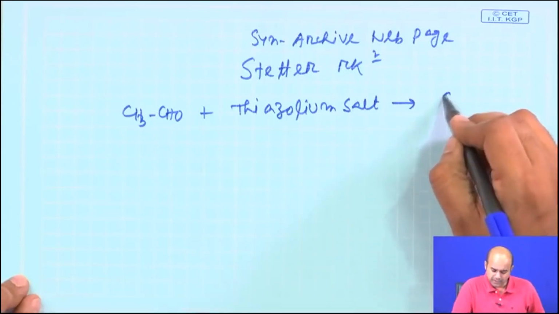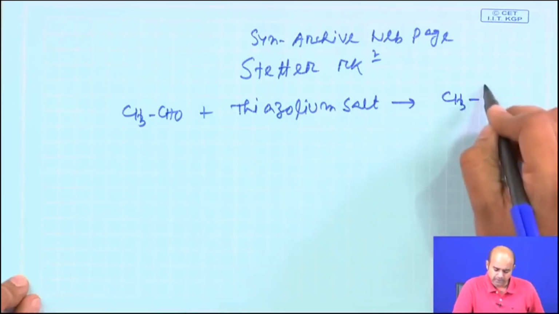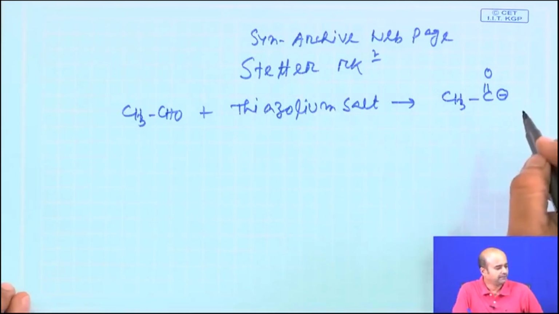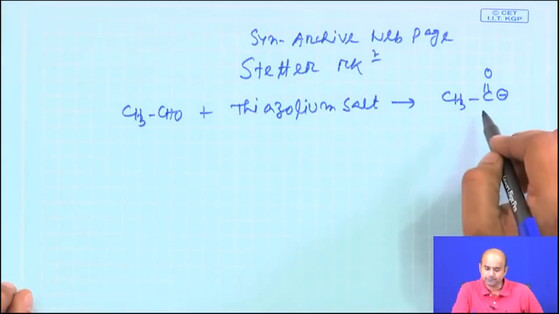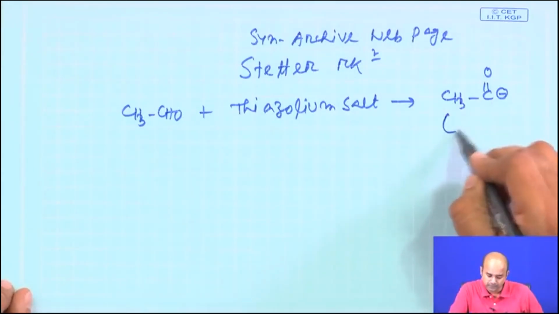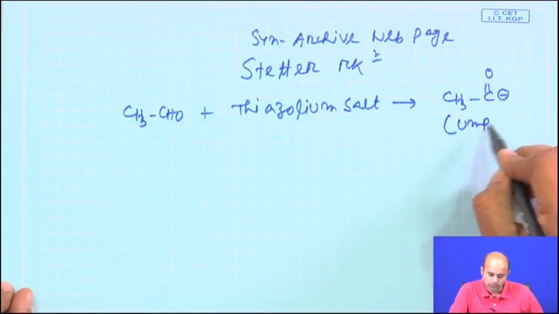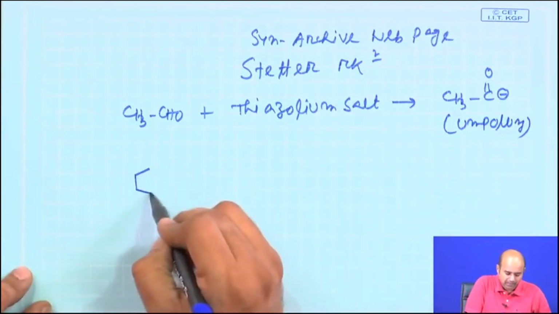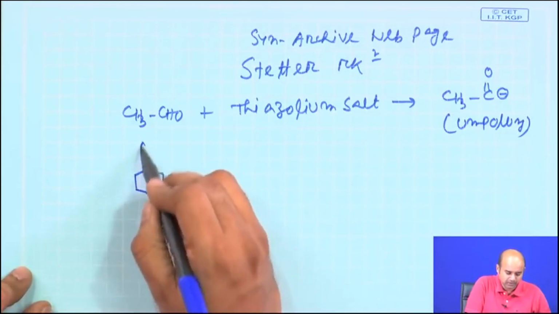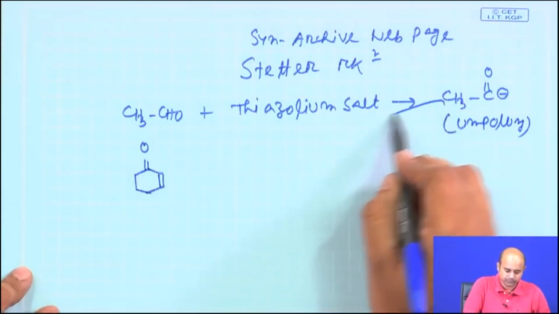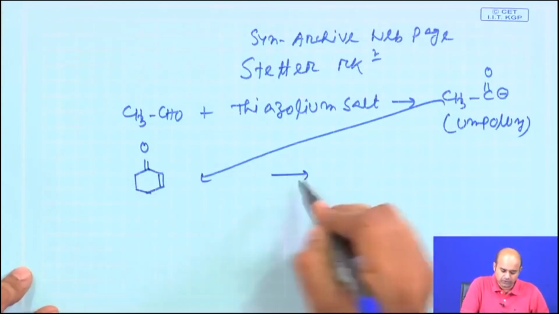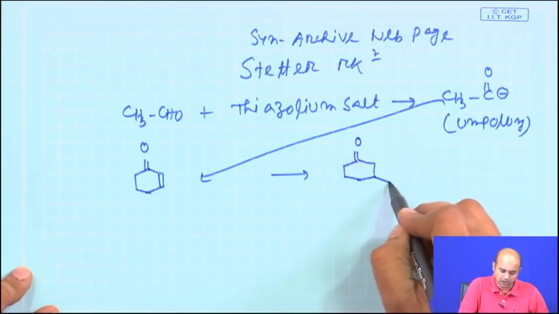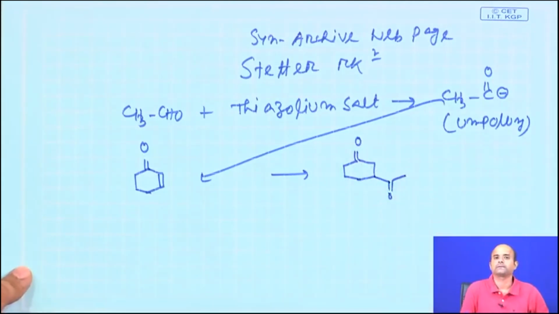You will basically generate a species CH3CO minus, and this is the active species or the umpolung species, which will now react with the Michael acceptor which was given to you. So, the solution was very nicely handled by a named reaction called the Stetter reaction.